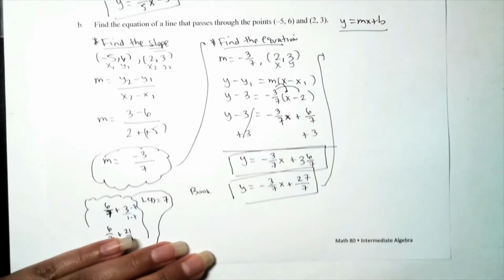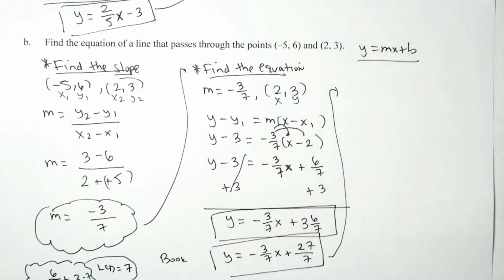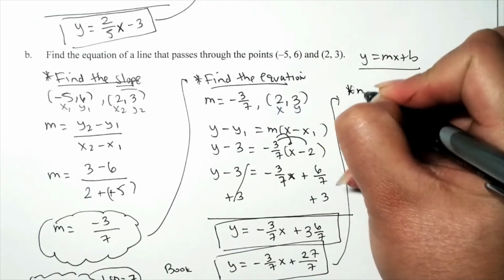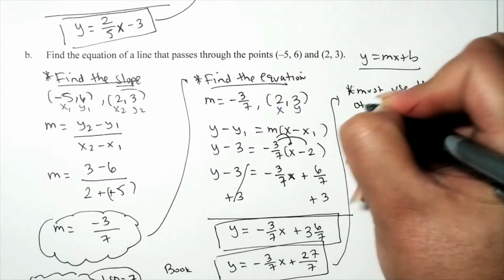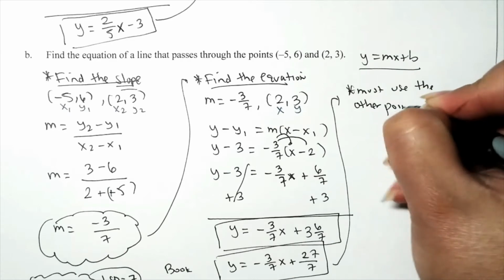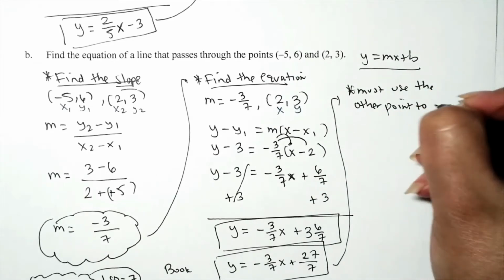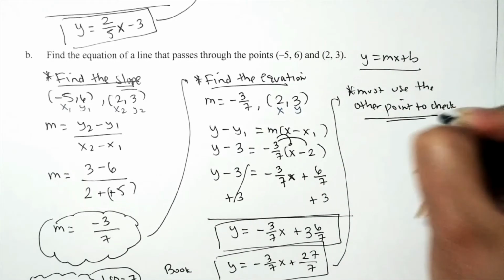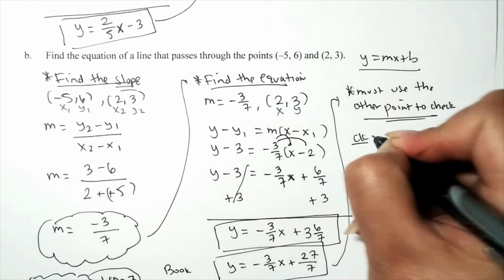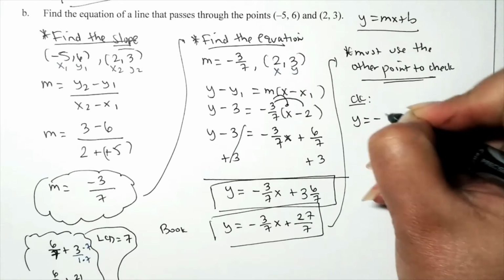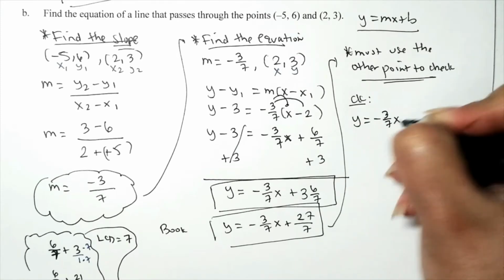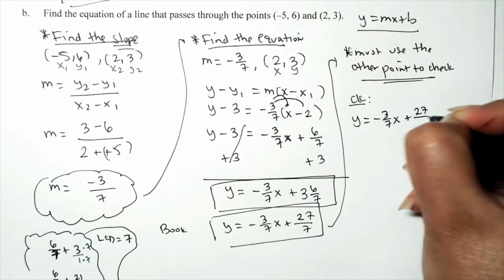Okay, so let me zoom in. We must use the other point to check. Fantastic. So let me just put CK for check. Our equation is y equals -3/7 x plus 27/7.